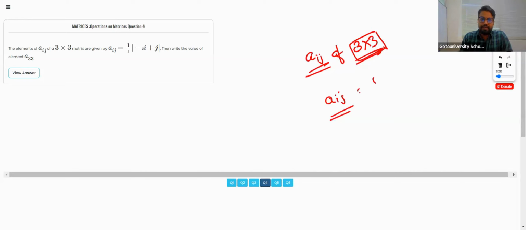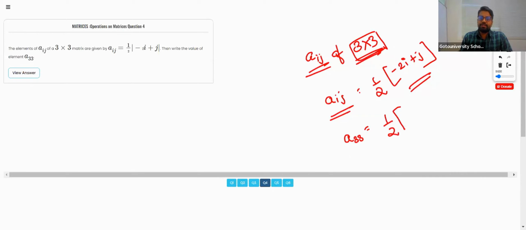So they are defining that as 1 by 2 times minus 2i plus j. So in that case, what is A33? We have to find A33, and in the place of i we have 3, in the place of j we have 3, and our rule for this address is minus 2 times 3 plus 3.